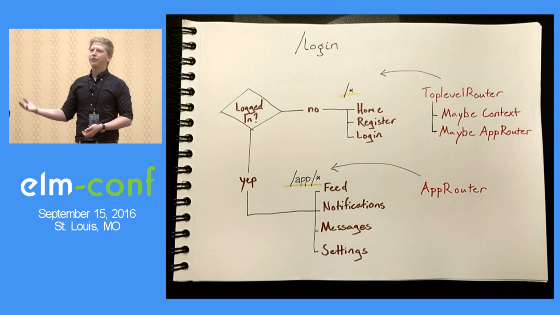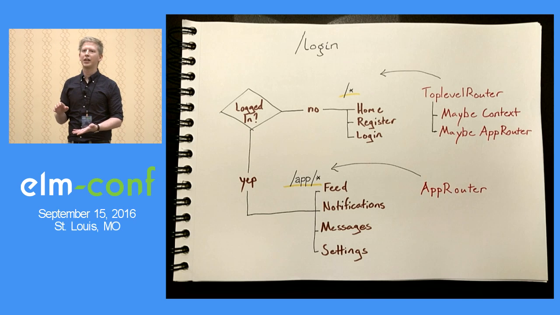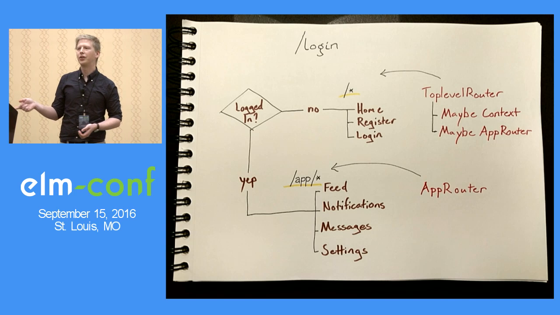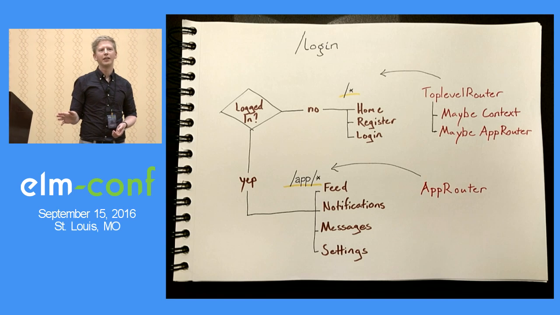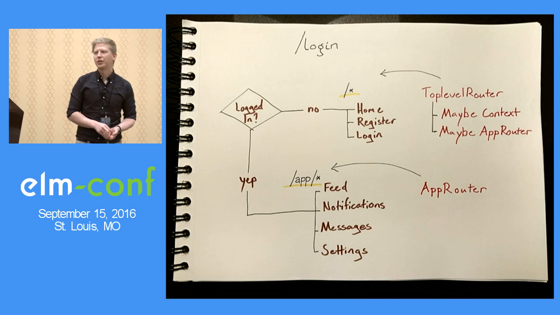And if the user exists, we can then initialize a context which has the user as a plain value. And then once we have the context ready, we can then initialize the app router with an actual context value, which means that within the app router, we never have to deal with the maybe situations. So we always have a context. We always have a user, which is really nice.